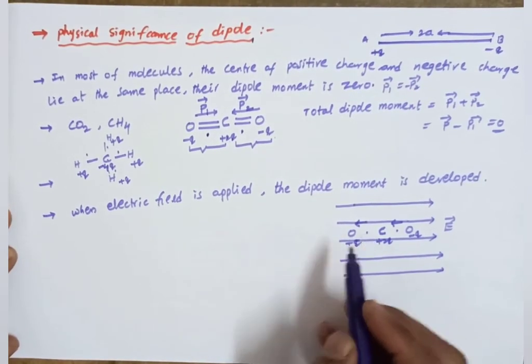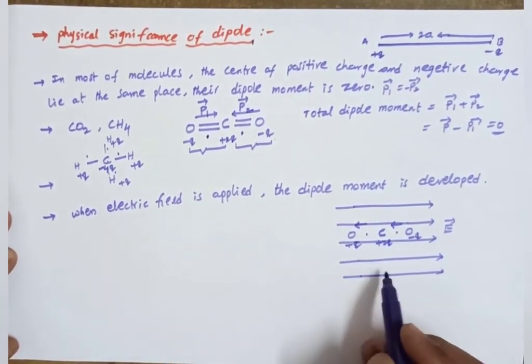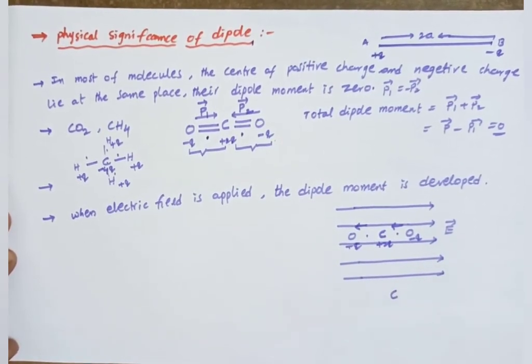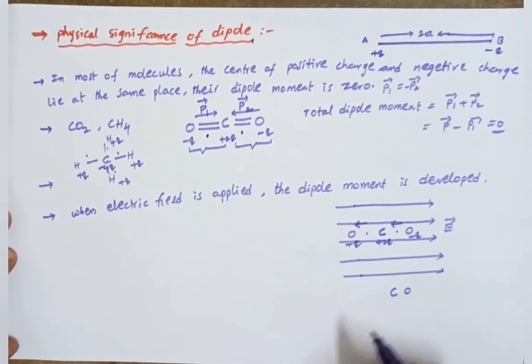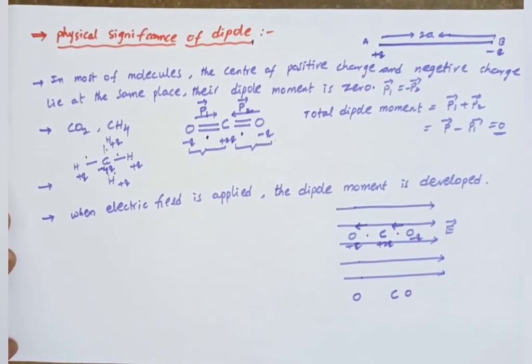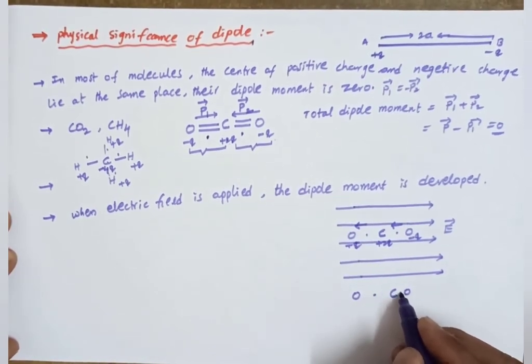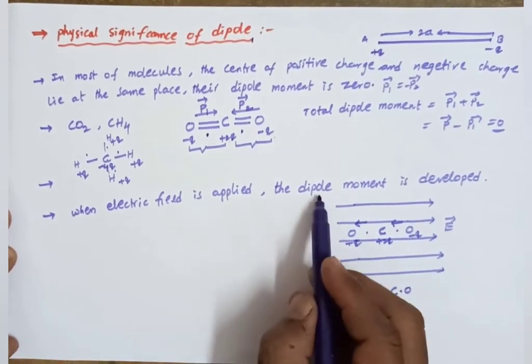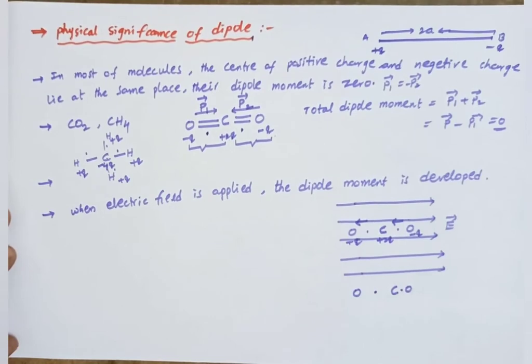After the field is applied, this oxygen moves a long distance. Then the centers of mass don't coincide. Then here the dipole moment is developed.